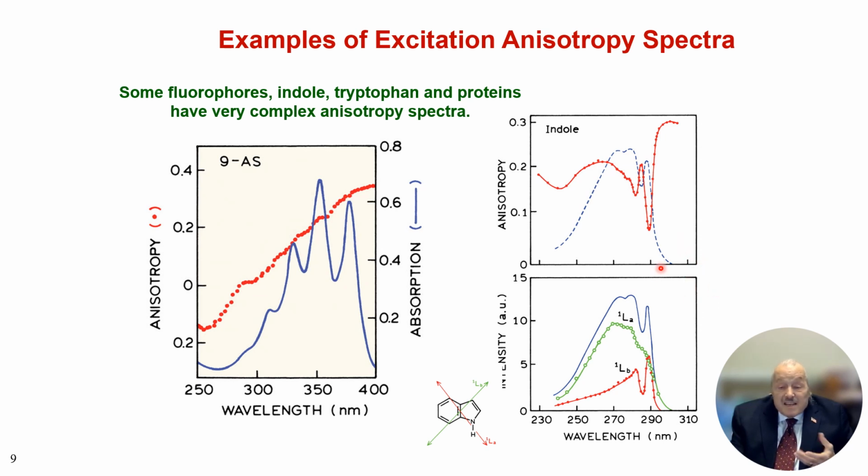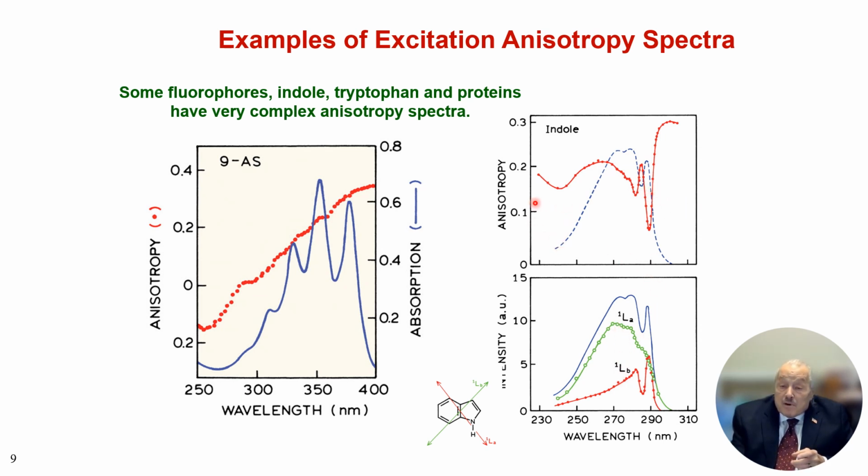And this has taken years of research to resolve, but we can say that there are two transition moments in indole. You can assume they're perpendicular to each other, and when you make that assumption, you can calculate that there's a different anisotropy spectrum for one state and the other, but you can never observe these directly, they have to be calculated. This is what you observe.